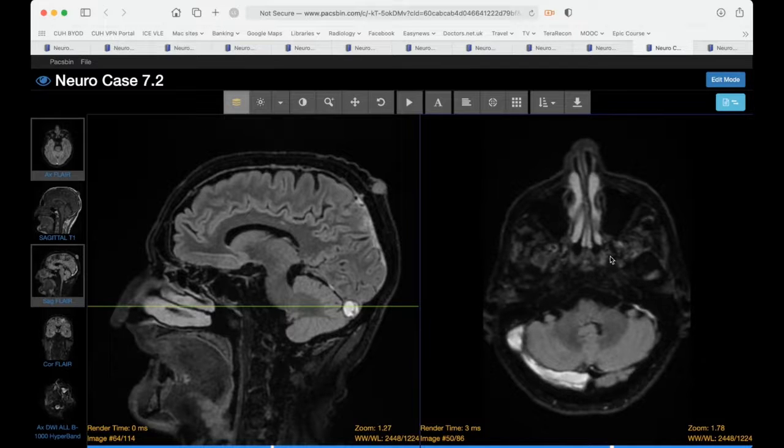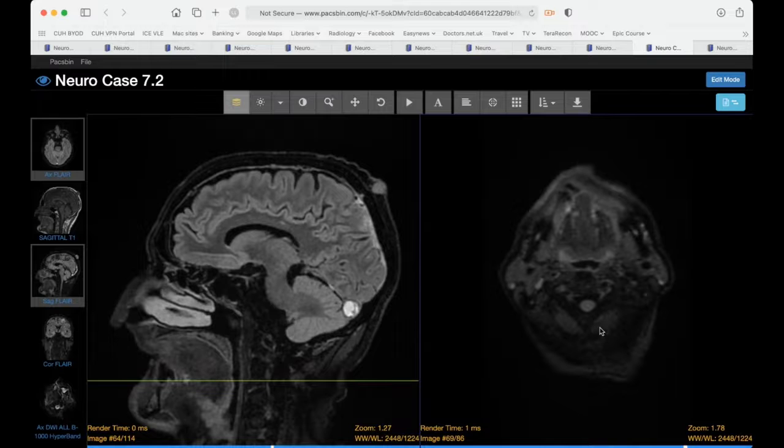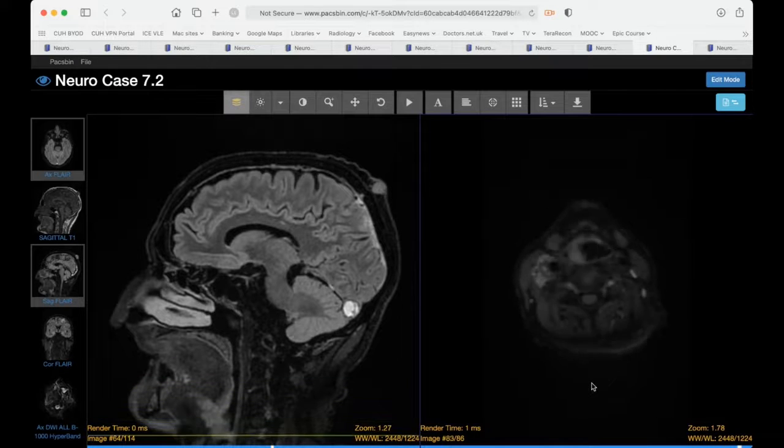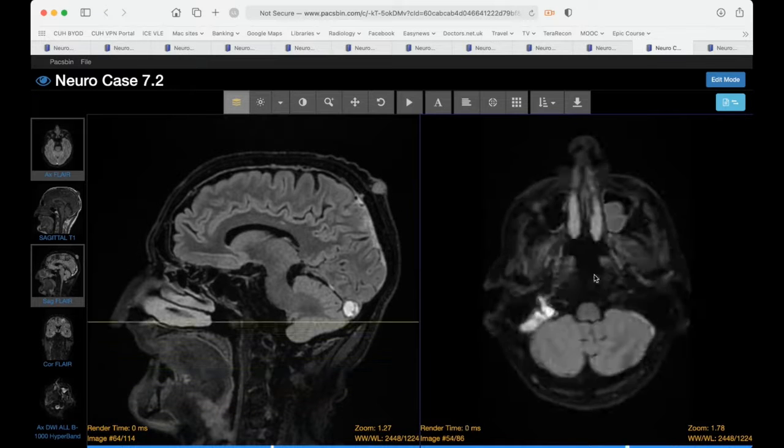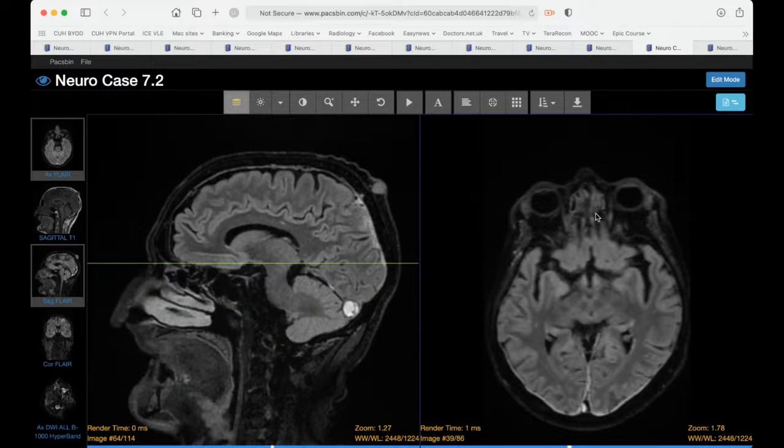I'll just wait a few seconds. Okay, so we had venous sinus thrombosis, as you might have suspected on the CT scan.